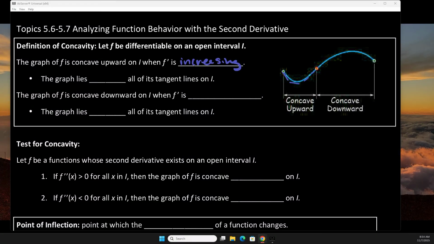The graph is always going to lie above all the tangent lines when the graph is concave up. It's a little blurry on that graph. And when the graph is concave down, then f prime is decreasing.